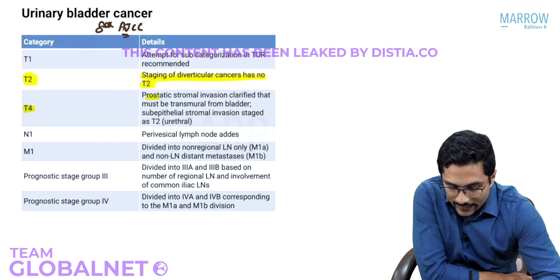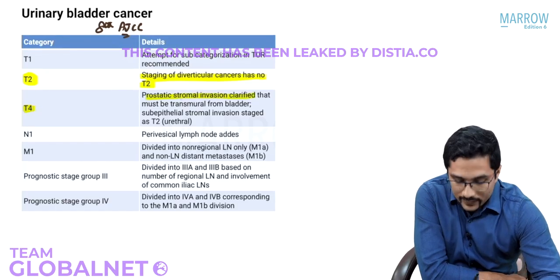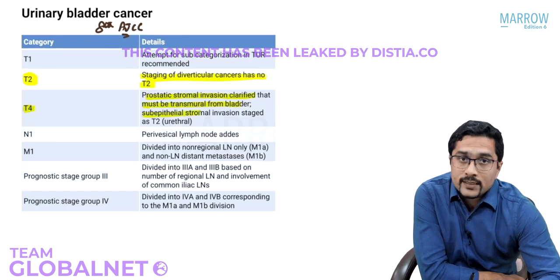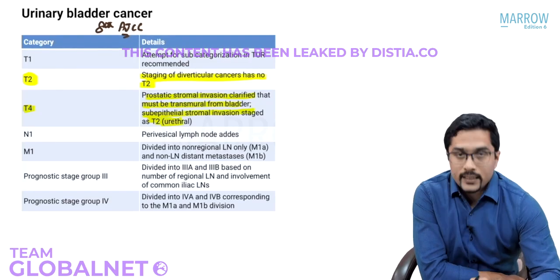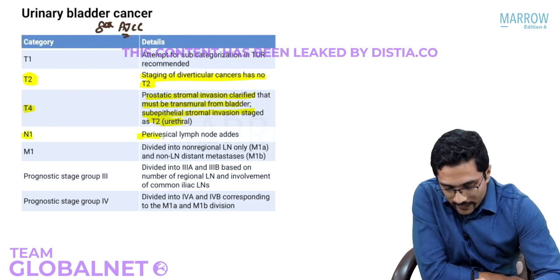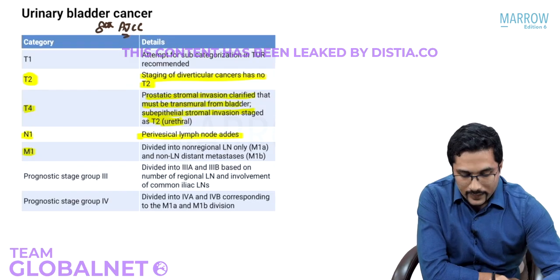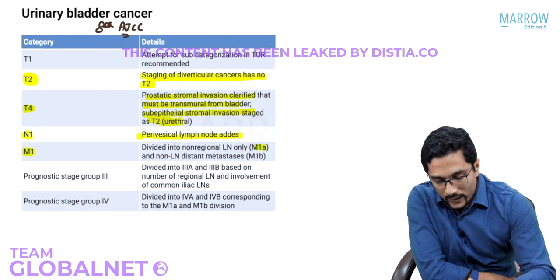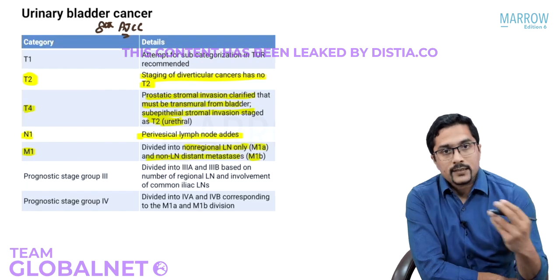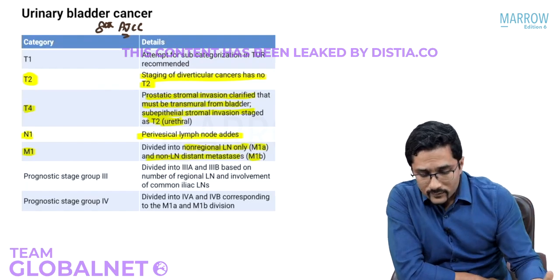T4, prostatic stromal invasion, clarified that it must be transmural from the bladder. If it is just subepithelial invasion, then it is T2, it is not T4. Okay. N1 is perivesical lymph nodes. M1 is being divided into M1a, that is non-regional lymph nodes, and M1b, that is distant metastasis.